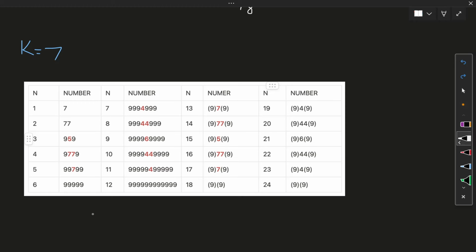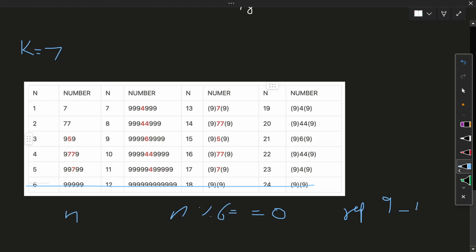If n is divisible by 6, and we got our remainder as 0, then we have to repeat 9 n times.